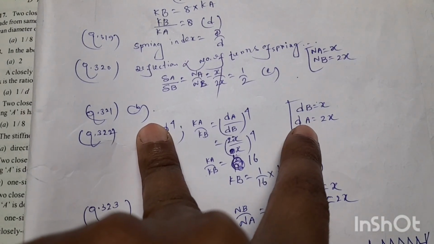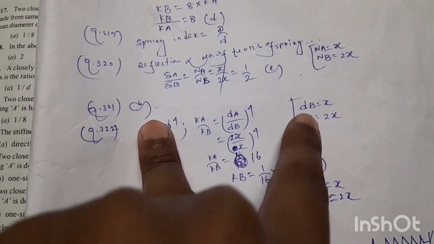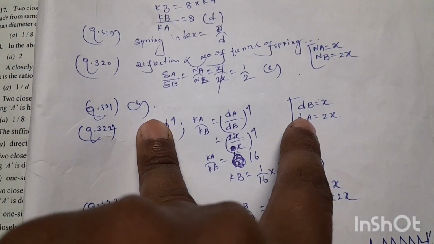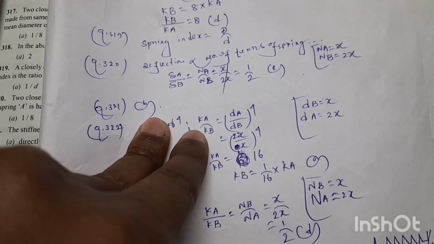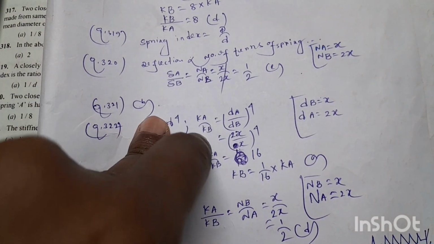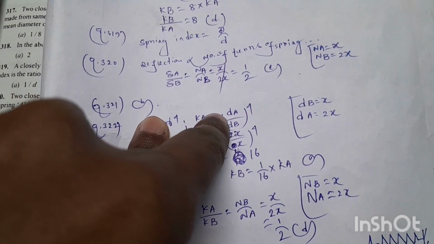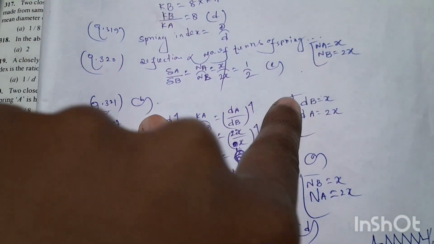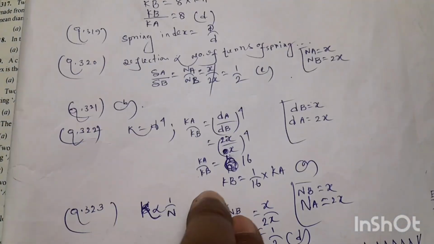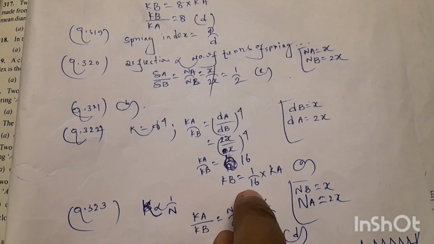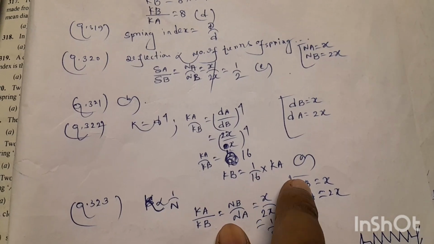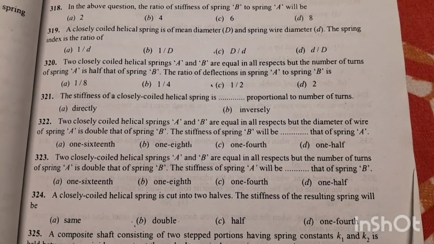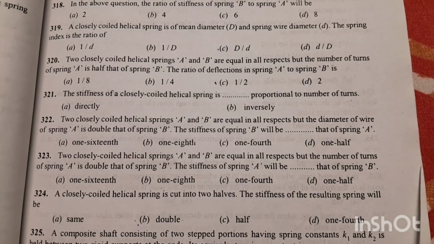The wire diameter of spring A is double that of spring B, so if small dB equals x, small dA will be 2x. Ka divided by Kb equals small dA divided by small dB to the power 4, and if we calculate, Kb will be equal to 1 by 16 into Ka. So for question number 322, option A is the right answer.